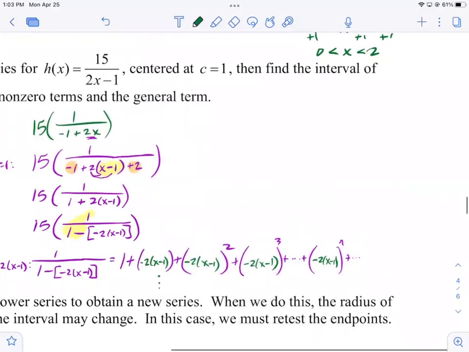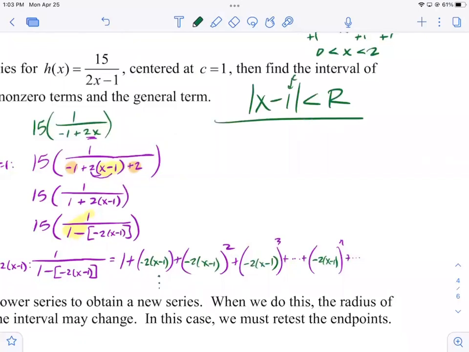Okay. Well, again, we're looking for the absolute value of x minus 1 to be less than r, since this is our center. Or we can just use the geometric series trick. That'll help us with the radius of convergence. So let's go ahead and take the r. This is what we would call r right there. So the absolute value of r, which would be the absolute value of -2 quantity x minus 1, close, close.